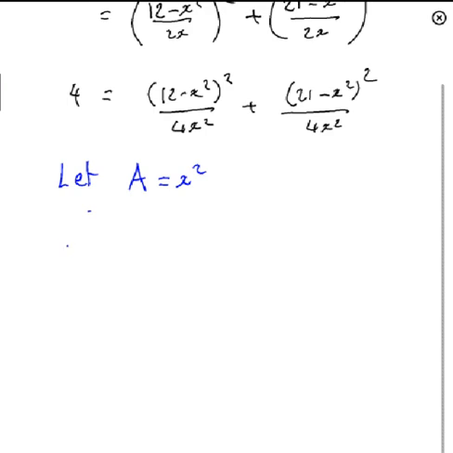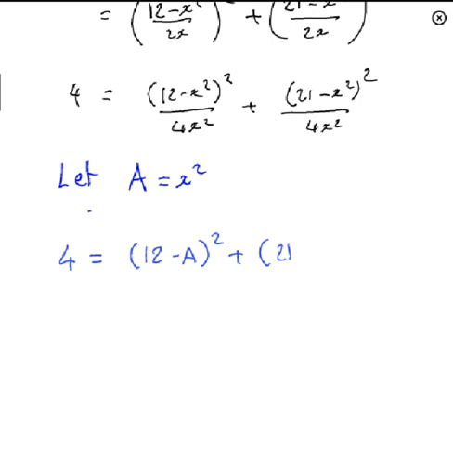So we now know that 4 equals (12 minus a) all squared, plus (21 minus a) all squared, all over 4a.